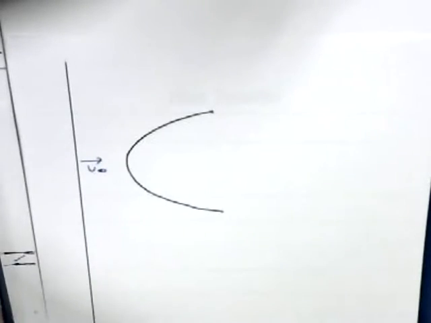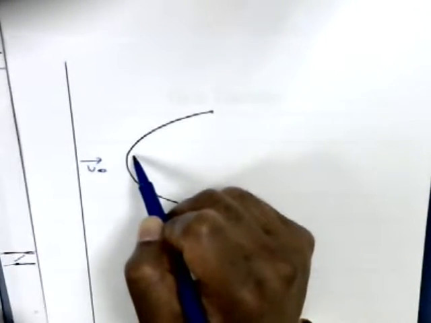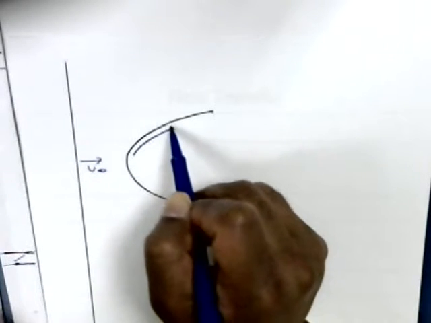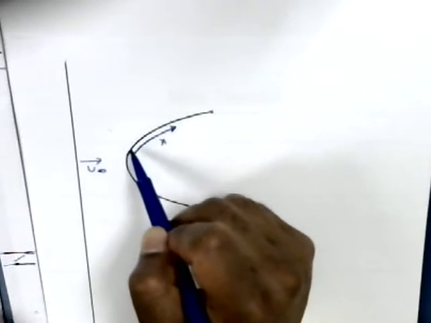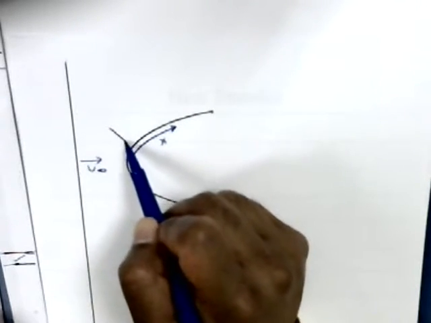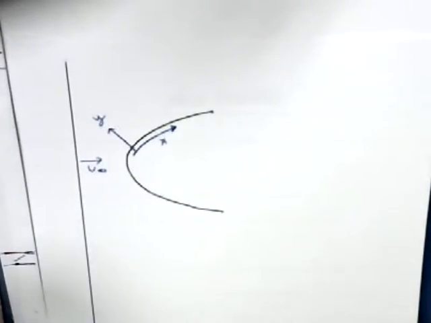If we indicate the x direction along this, it need not be straight. The x direction is along this surface, and the y direction is perpendicular to it. At any location, y is perpendicular to this surface. The boundary layer is going to develop over it.